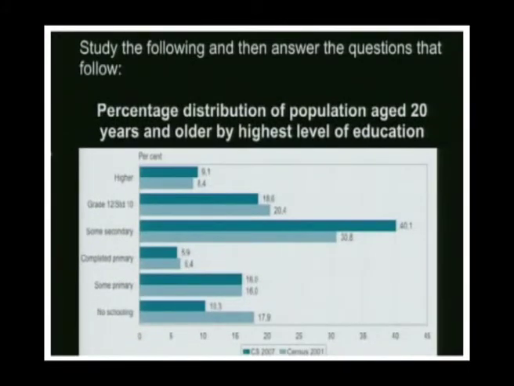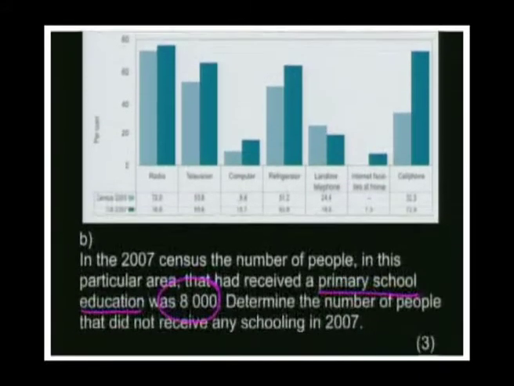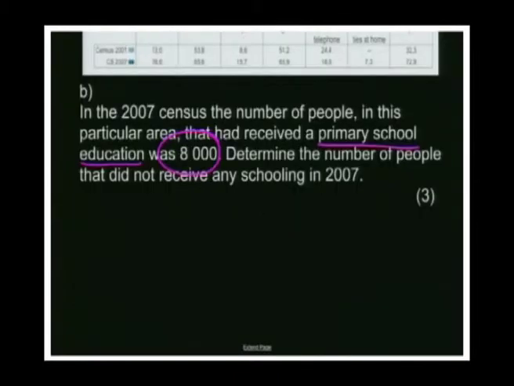So over here, we have got completed primary, and we were looking at 2007, so the amount of people that completed primary was 5.9%. So we know that 5.9% was equal to 8,000 people.